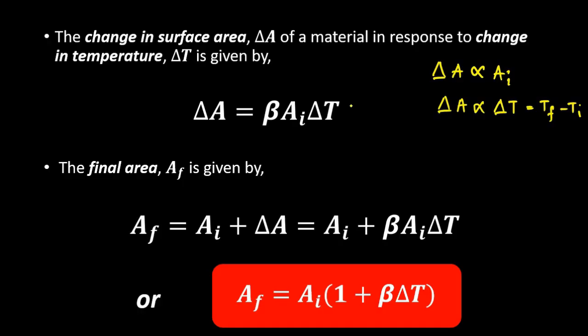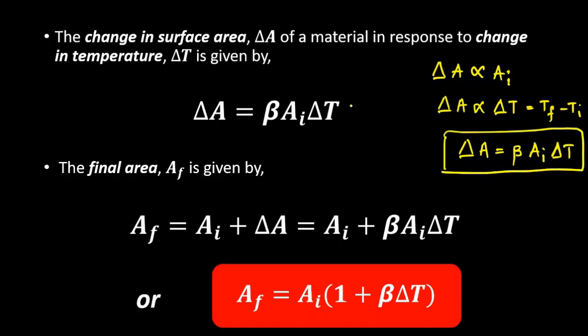So combining these two, we get the increase in surface area is equal to beta Ai delta T, where beta is the proportionality constant, which is the surface thermal expansion coefficient.